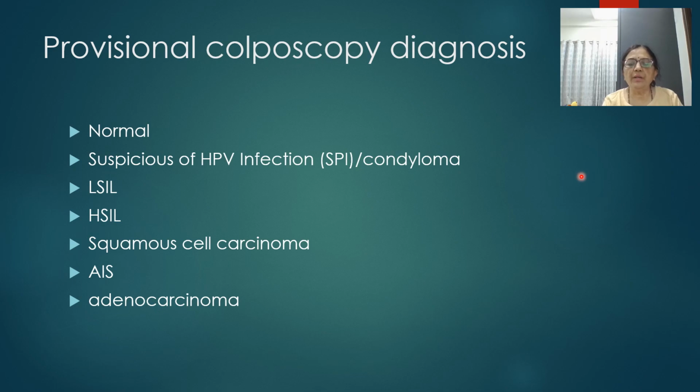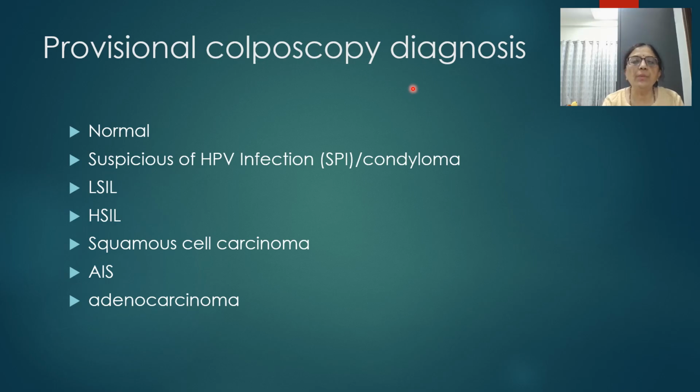Now, after documenting, as per IFCPC, we have to draw a diagram, we need to score our colposcopic findings by Swedish score, and then at the end, this is the last step, we need to commit ourselves and write the provisional colposcopy diagnosis. We don't just comment there is acetowhite area and move on.